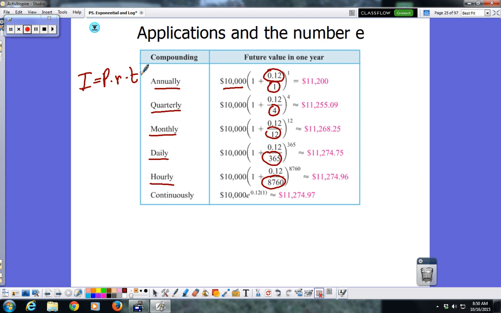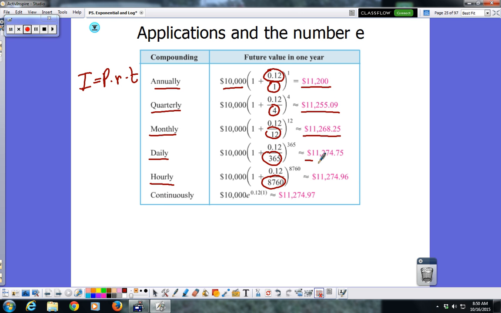If you'd like to try that, it's the same thing. That would tell you that you would earn $1,200 in interest if your interest rate was 12%, and then add that back on, you get the same thing there. So that formula that you learned back in whatever grade only works for annually. But this other formula works for these others. But look what happens.